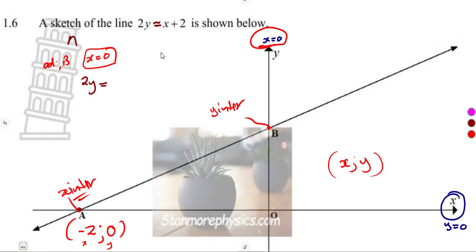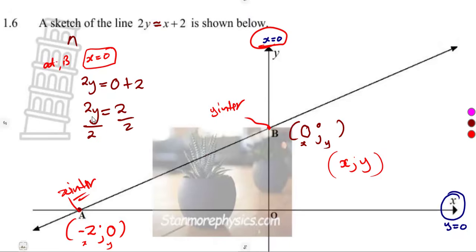Since 2y is equal to x plus 2, but now in place of x, you put a 0 there. Because we said x is 0. So it's just like at B, we have the x value, which is 0, but we do not know the y value. So by substituting this 0 into x, we can solve for y. So that's 0 plus 2, meaning 2y is equal to 0 plus 2, which is 2.